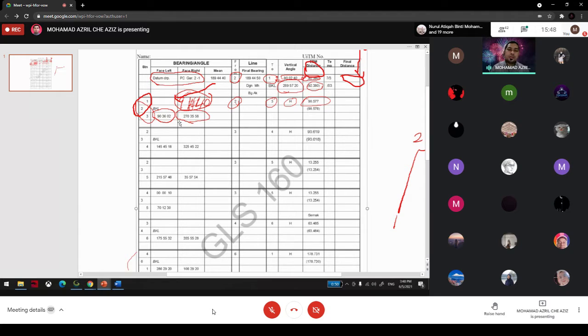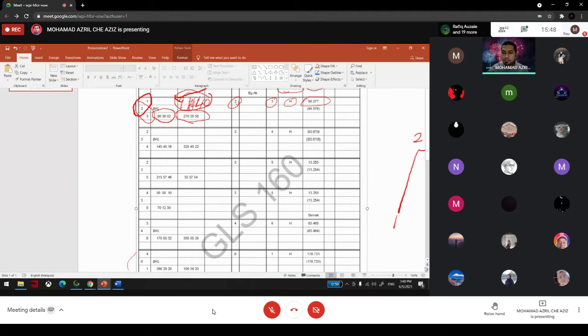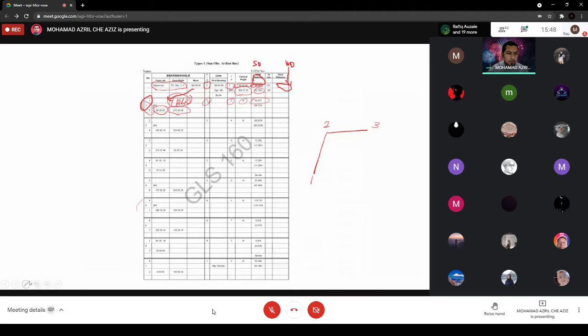Once you have recorded the face right, you then record the horizontal distance face right. So now 2 to 1 and 2 to 3 you have finished.